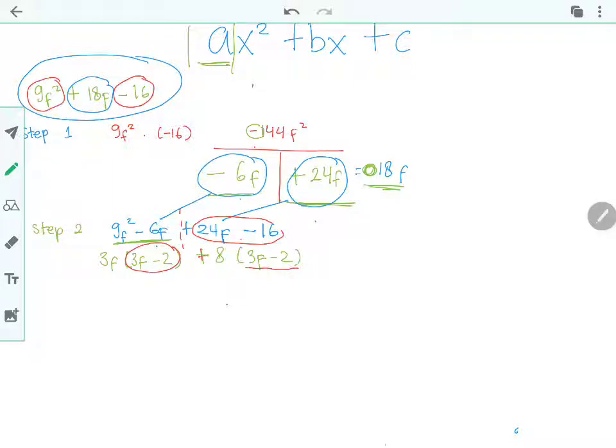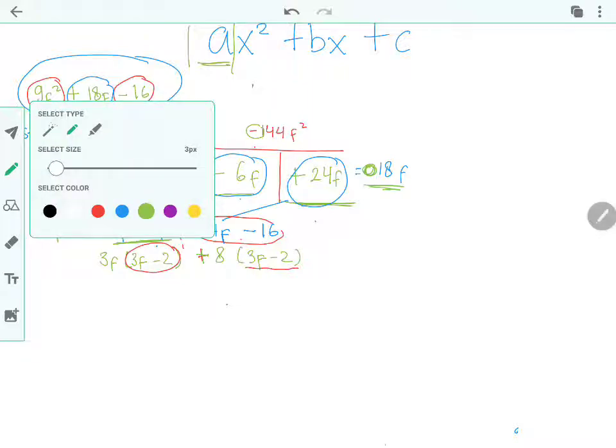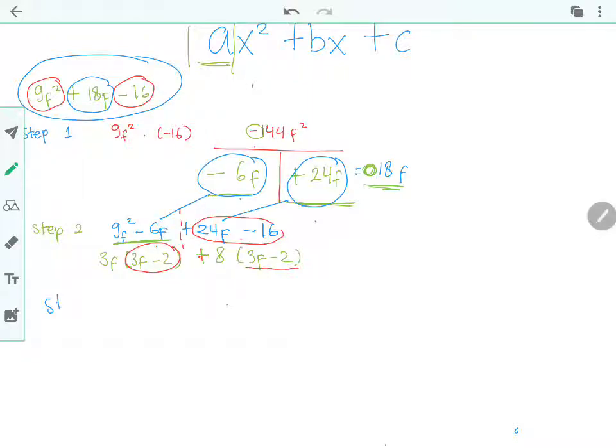So, step 3, you just need to rewrite the question again. So 3f plus a, 3f from here, a from here, multiply by 3f minus 2. That's it. So we got the final answers.